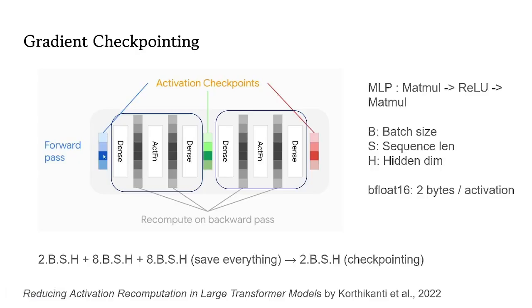Whereas if we were only saving the input, then we would need 2 times B times S times H. So we are saving around 80% in memory. Of course, we would have to pay the price of recomputing these intermediate activations during the backward pass. As a thumb rule, we can expect training to take about 20 to 30% more time when doing gradient checkpointing.